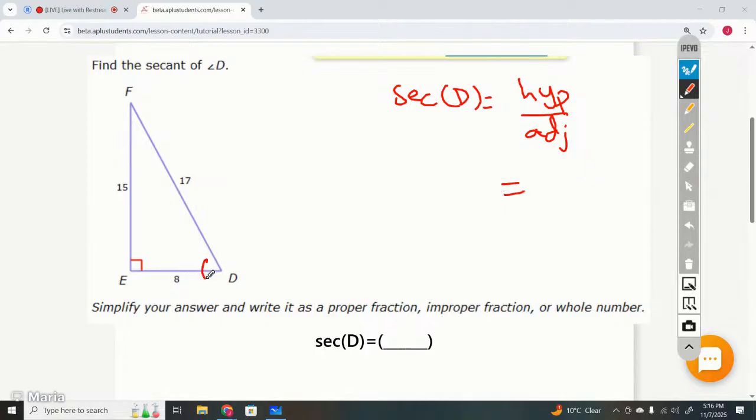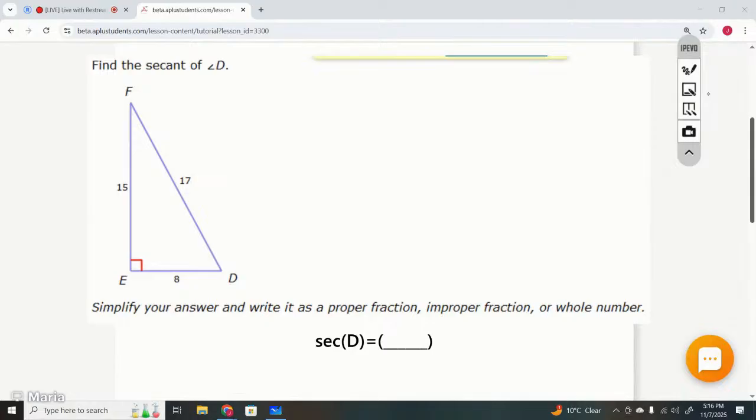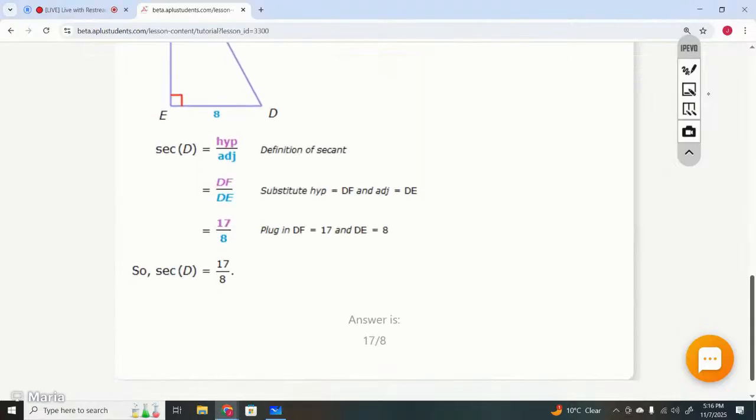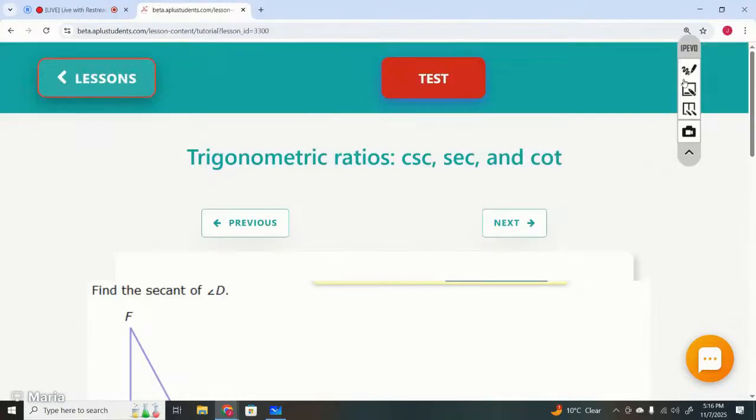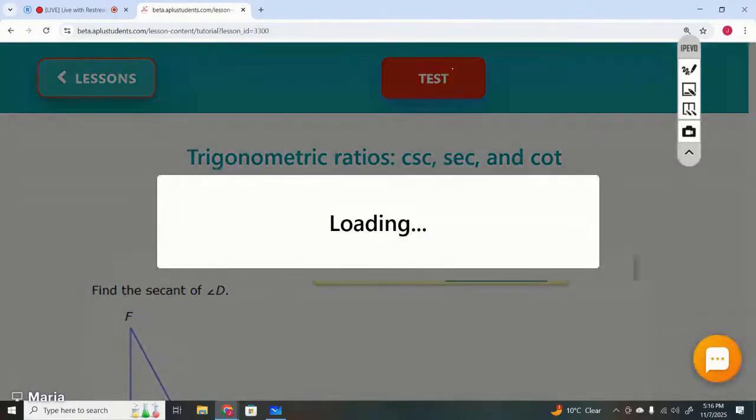So hypotenuse from angle D is 17 over 8. The correct option is 17 over 8. Let's just start with the test questions.